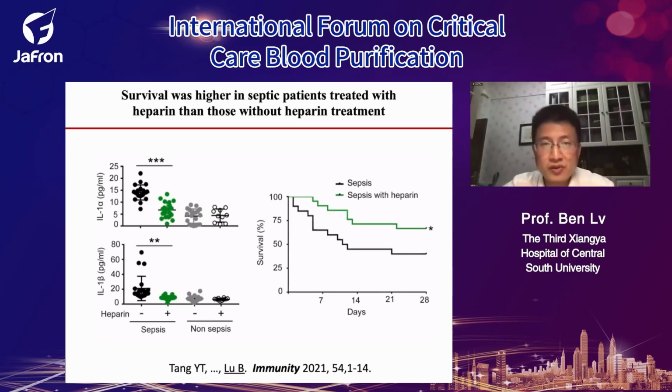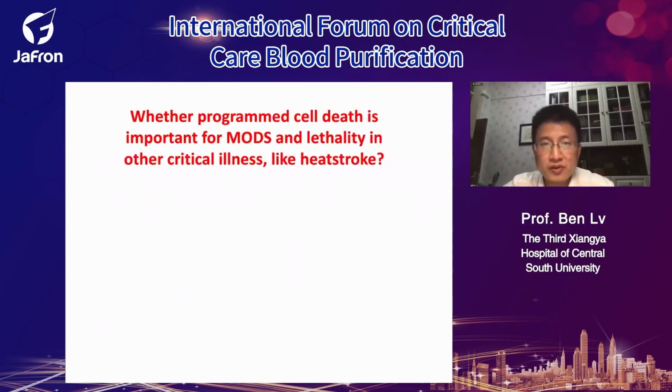So the next question is whether other programmed cell death is important for MODS and lethality in other critical illness, like heat stroke. Why heat stroke? Because it clinically resembles sepsis: systemic inflammation, cytokine release, coagulopathy, especially coagulopathy, with MODS and also high mortality, very like sepsis.